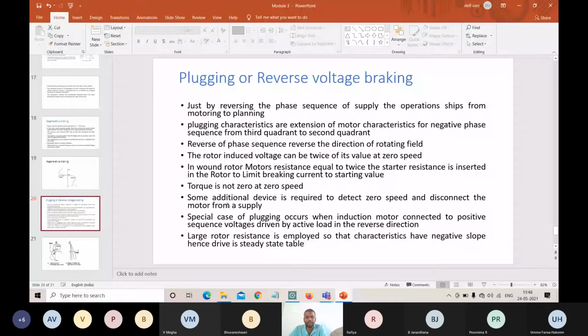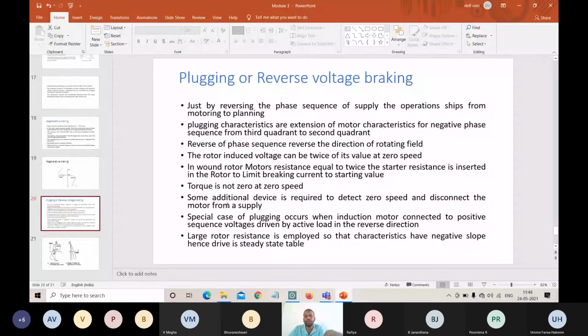Here the induction motor is connected to the positive sequence of the voltage and is driven by the active load in the reverse direction. In the reverse direction also, the voltage generated by the positive sequence voltages is connected with the supply in the plugging action.